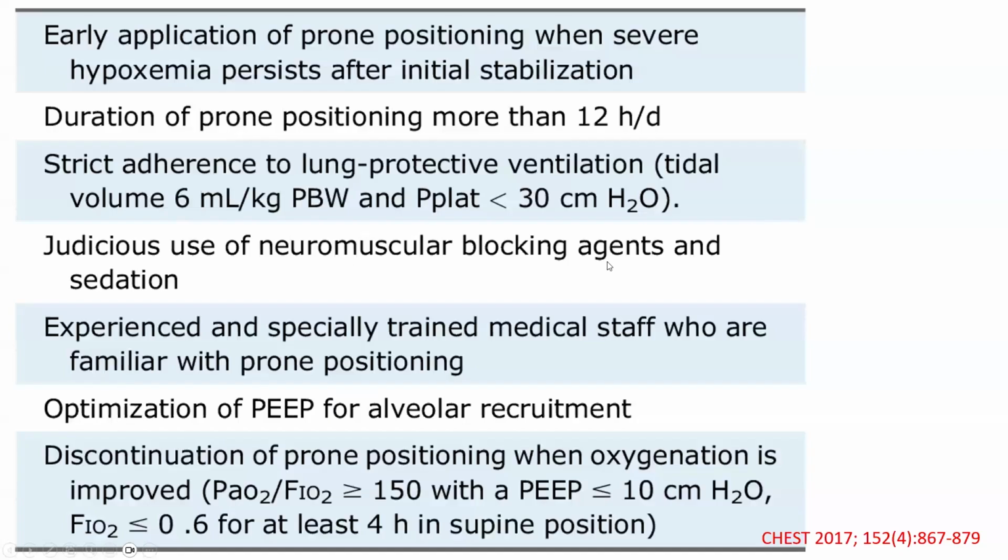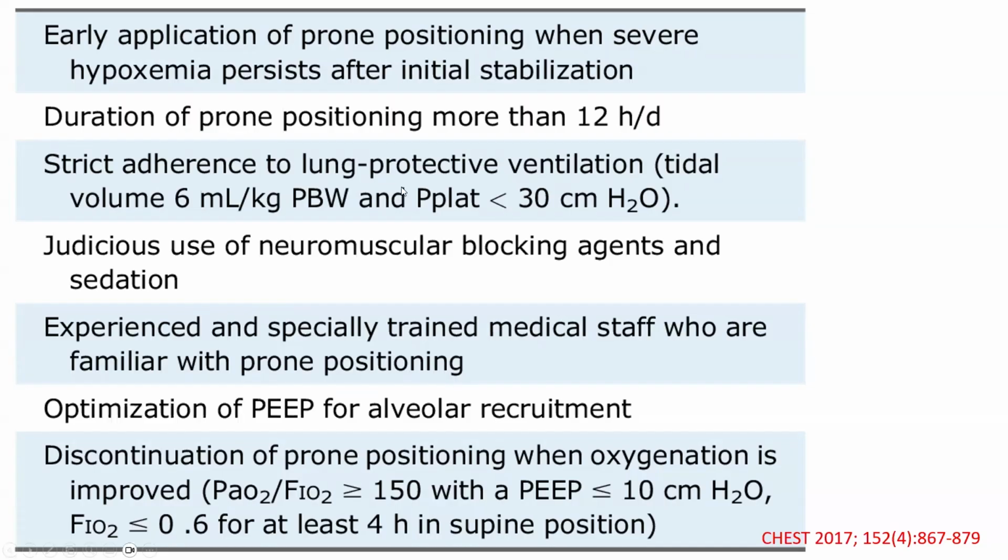Judicious use of neuromuscular blocking agents and sedation is very much needed when you prone them for 12 hours or more. And you have to have experienced, specially trained medical staff while doing prone positioning, because extubation is a real danger when you do prone positioning.